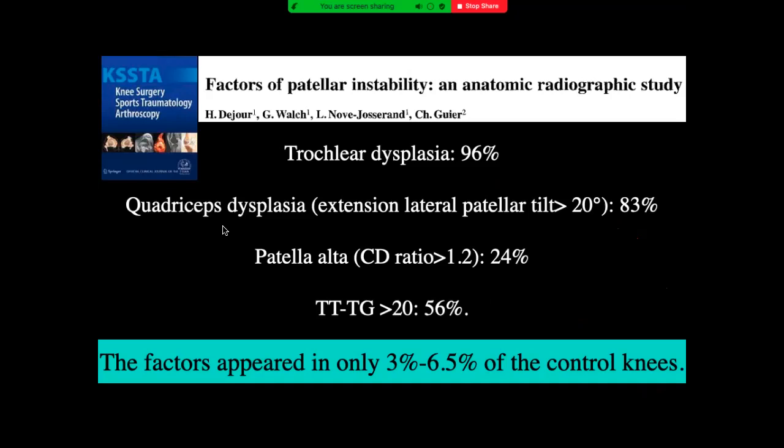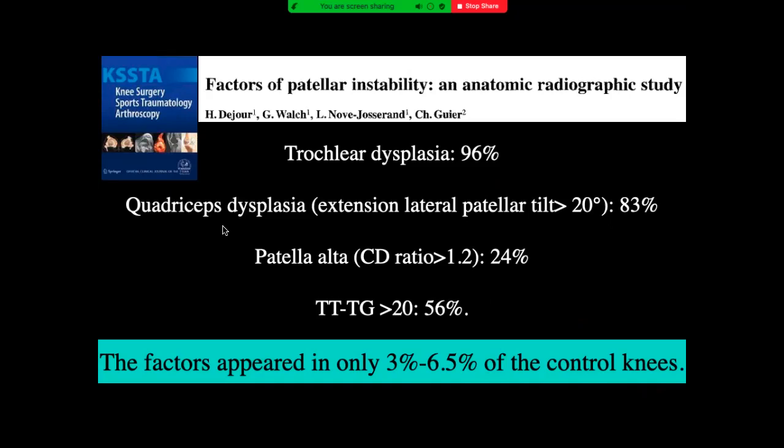This is a famous paper from Henri Dejour, the father of David Dejour. He said that almost 96% of cases of recurrent patellar dislocation had some form of trochlear dysplasia. It might not be the severe form needing surgery or trochleoplasty, but almost 96% had trochlear dysplasia.